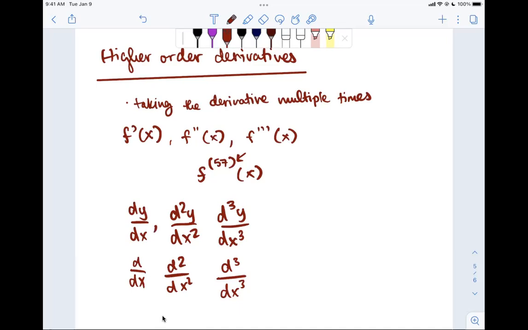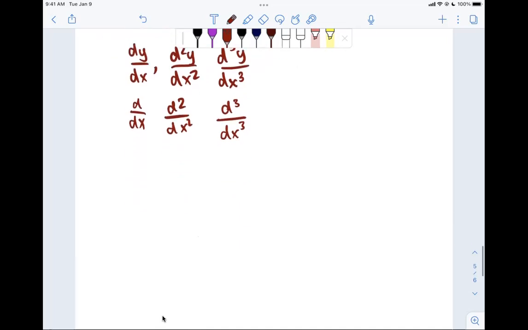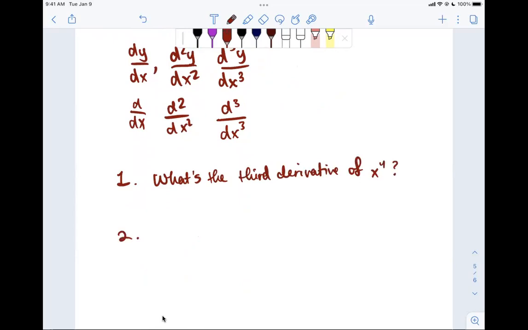So just some questions for practice. What's the third derivative of x to the fourth? What's the third derivative of 5x cubed?